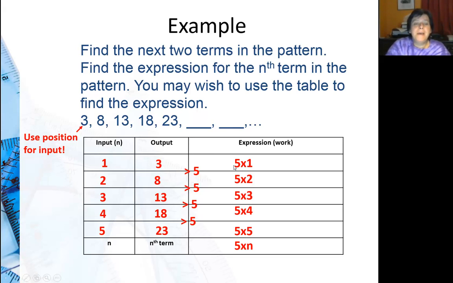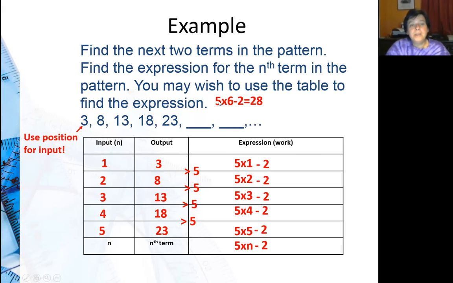Well, I'm getting 5 instead of 3, 10 instead of 8, 15 instead of 13, 20 instead of 18, and 25 instead of 23. On all of these, I'm off by 2. So if I subtract 2 from all of these, I get the right answer. So my expression is 5 times n minus 2, or 5n minus 2.